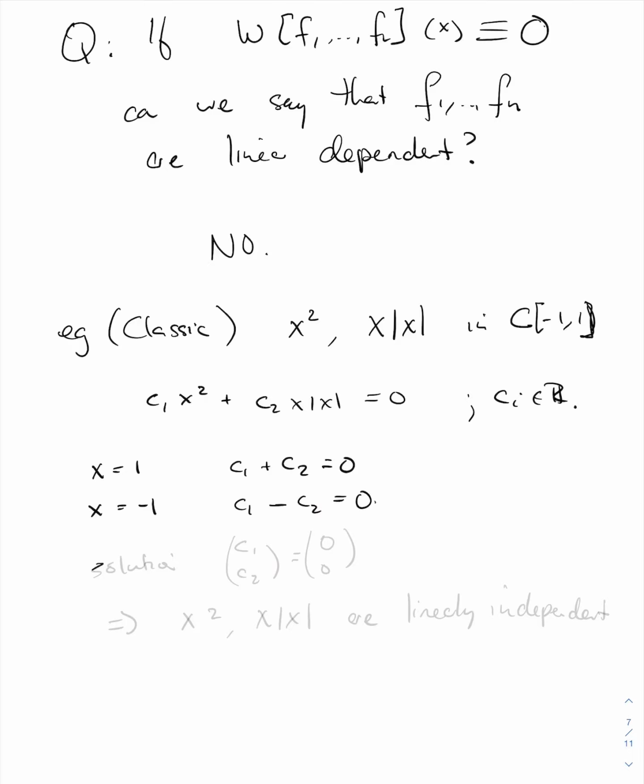So the only solution is C1 equal to 0, C2 equal to 0. And this gives us that x squared and x times the absolute value of x are linearly independent, just going back to the definition.